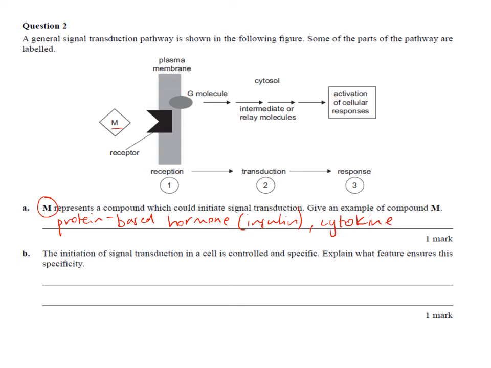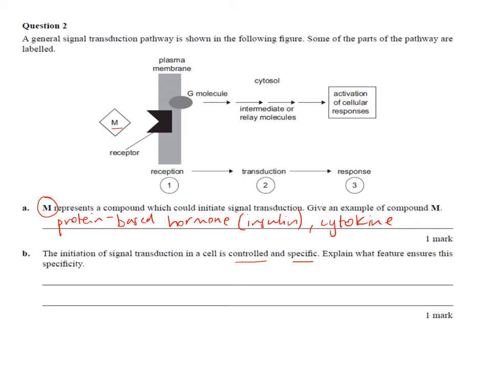And then question B, the initiation of signal transduction is controlled and specific. Explain what feature ensures this specificity. So basically, what makes the switching on of a series of events specific?